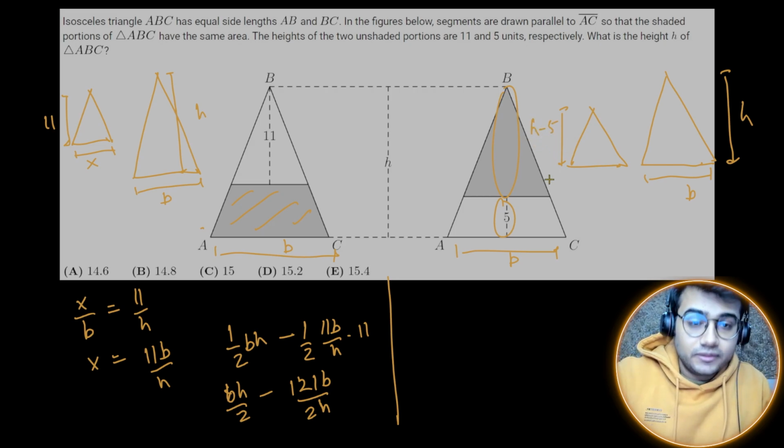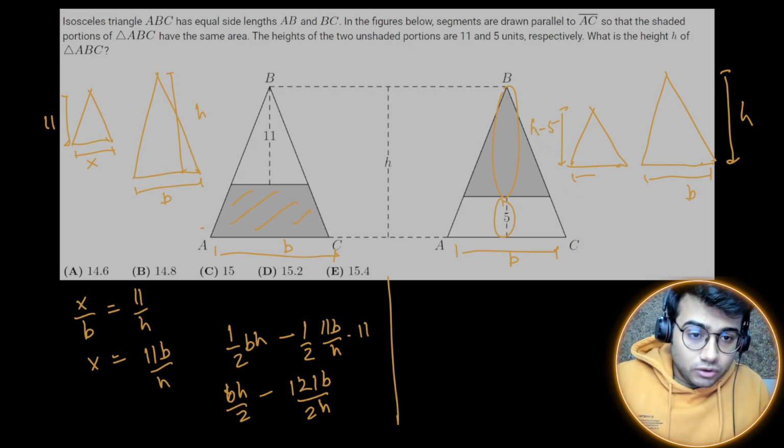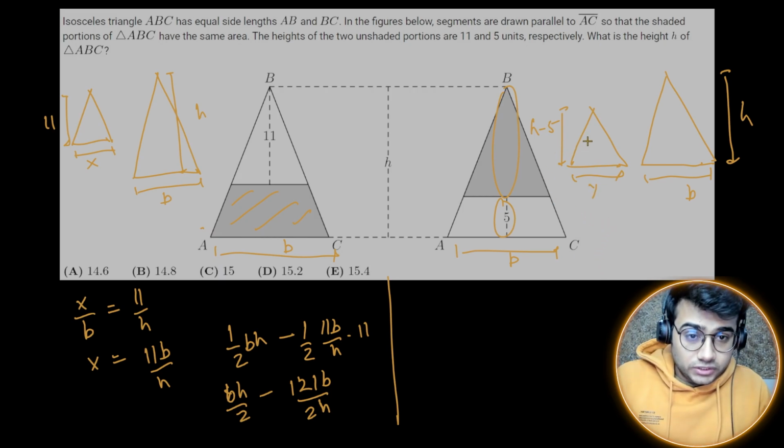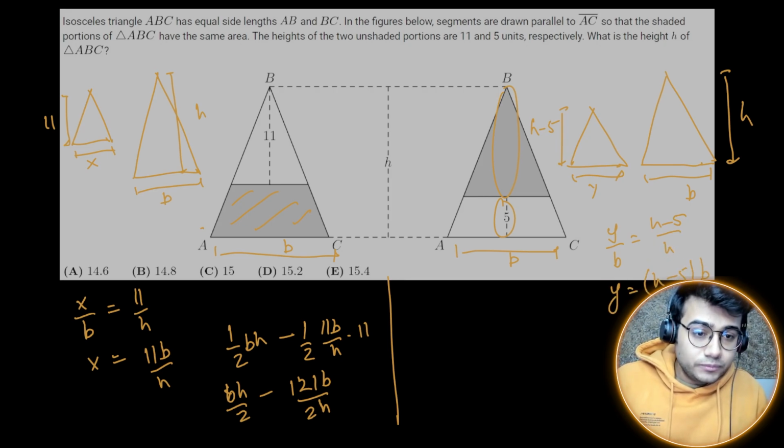And then let's call this Y. So again, the ratio of these lengths has to be equal. So we have Y over B equals H minus 5 over H. So that means Y equals H minus 5 times B over H.